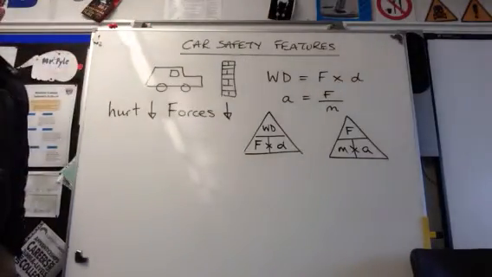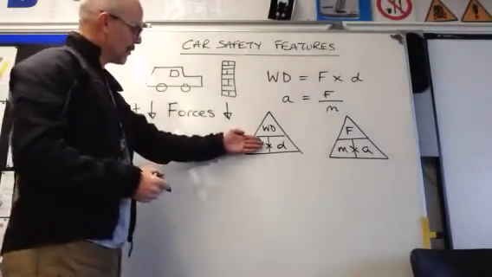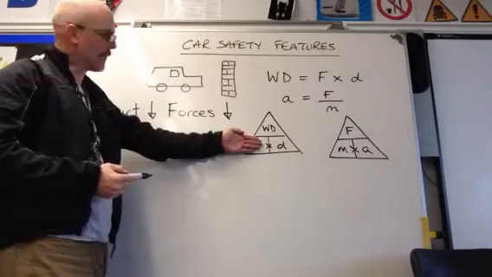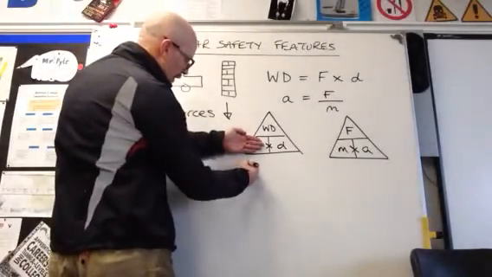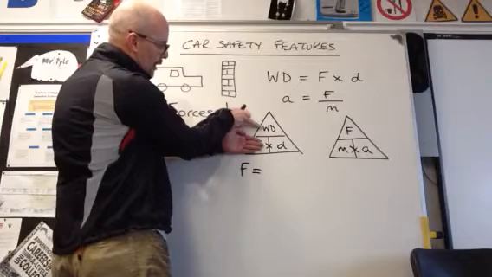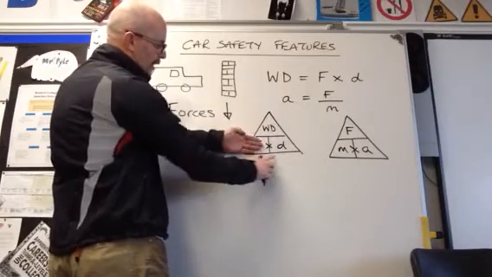So now, using the triangles, cover up the thing you want to find out. If we want to find out force, we cover that up. Force equals work done divided by distance.